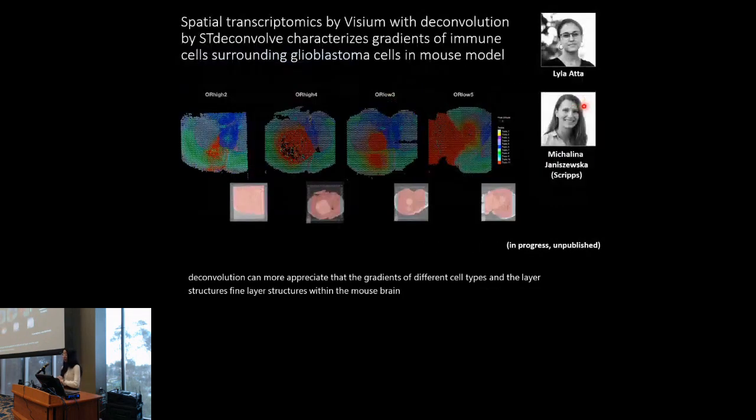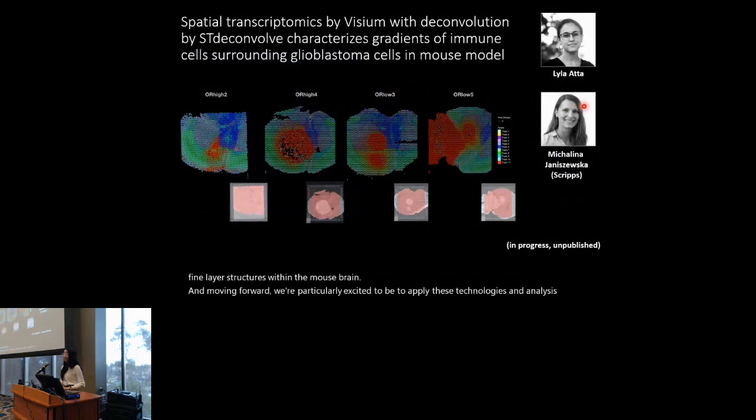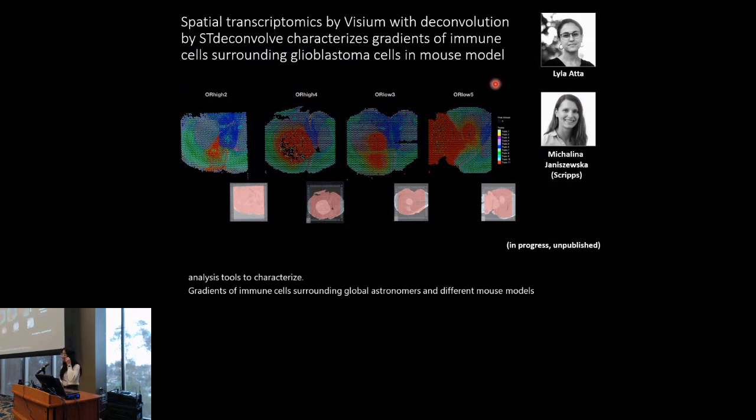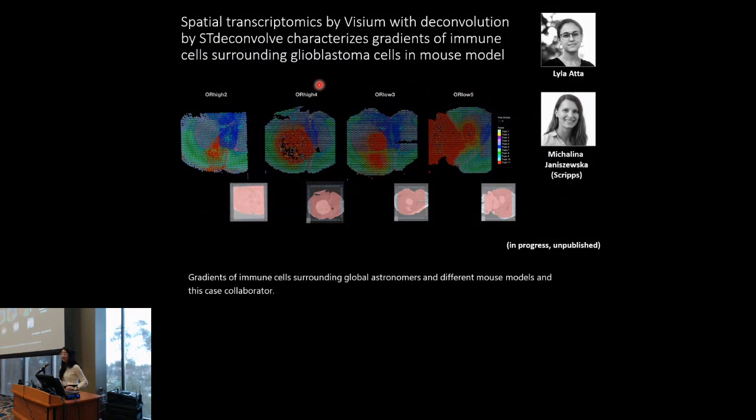And moving forward, we're particularly excited to apply these technologies and analysis tools to characterize gradients of immune cells surrounding glioblastomas in different mouse models. In this case, our collaborator, Mihalina Januszewska, injected immunocompetent mice with different glioblastoma cell line cells that have been modified to have different mutations.